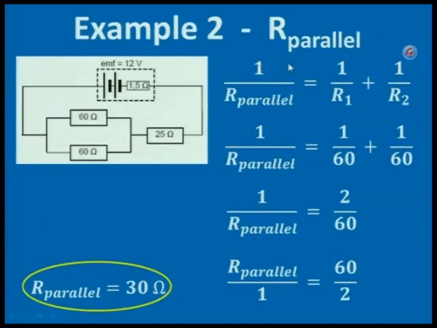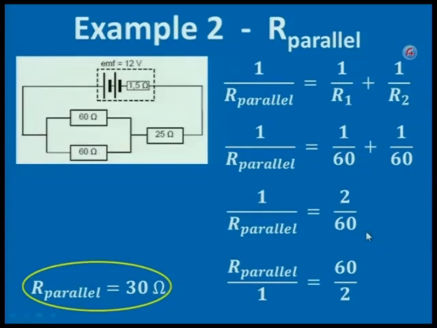We want RP. So 1 over RP is 1 over R1 plus 1 over R2. So 1 over R parallel is 1 over 6 ohms and 1 over 6 ohms. You are substituting the 6 ohm resistor here and the 6 ohm resistor there for R1 and R2.